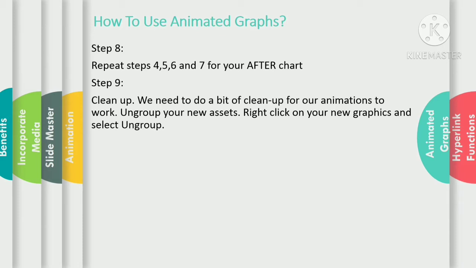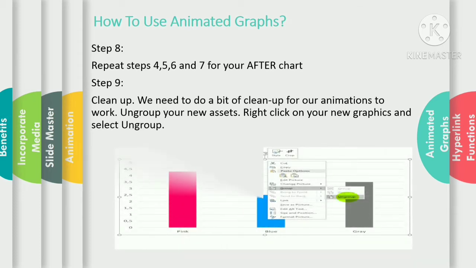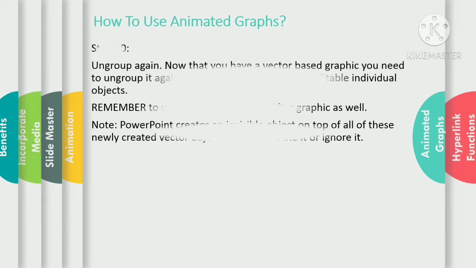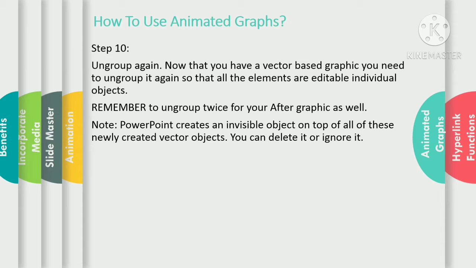Step 9. Clean up. We need to do a bit of cleanup for our animation to work. Ungroup your new assets. Right click on your new graphics and select ungroup. Step 10. Ungroup again.